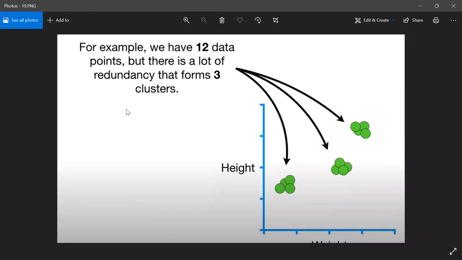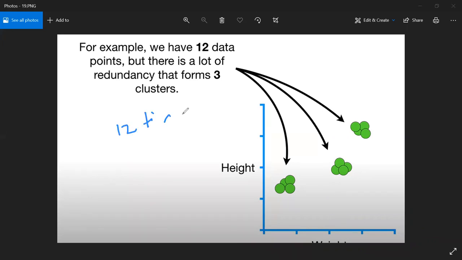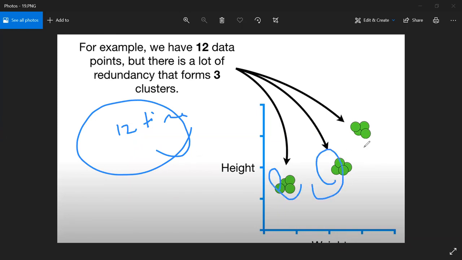For example, in this example, we have 12 data points, isn't it? If I take 12 data points in gradient descent, I have to compute the math 12 times. But here in stochastic, I create 3 clusters. Cluster means group.